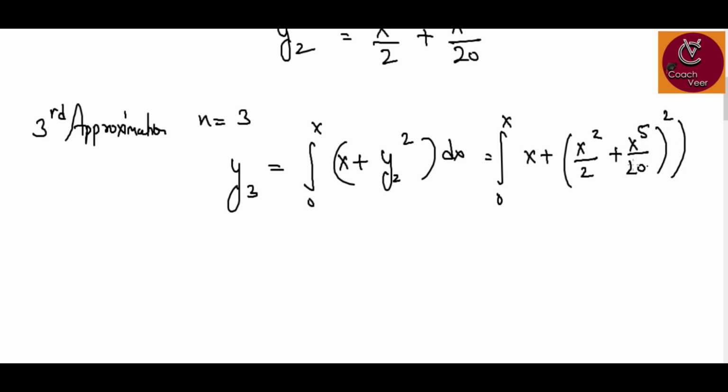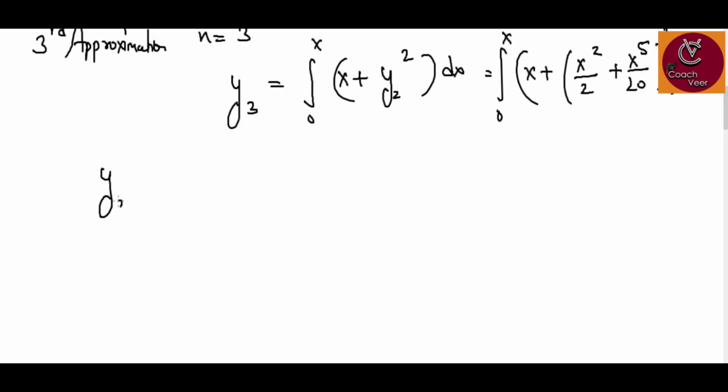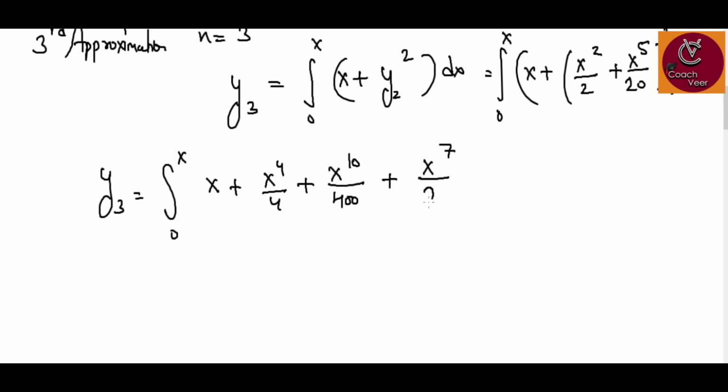When you do that, you need to first square it. You are going to get y3 equal to 0 to x of x plus, this part is x to the power 4 by 4 plus x to the power 10 by 20 square is 400, plus 2 times of these two, the twos get cancelled, and we can write x to the power 7 by 20, and everything needs to be integrated with respect to x.